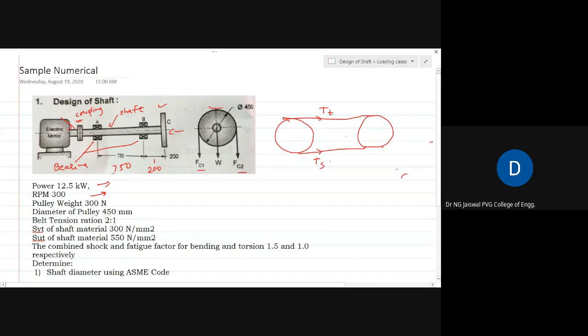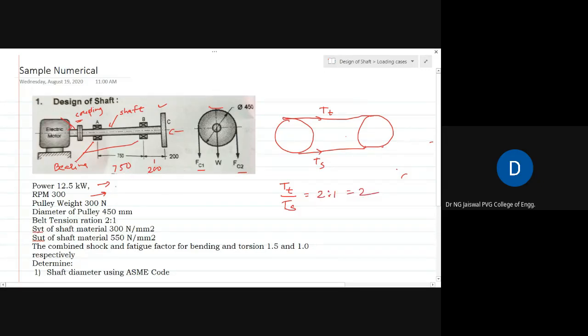So tight side and slack side tensions are there. Out of FC1 and FC2, one is tight side, one is slack side. The slack side tension is always smaller than the tight side, and the ratio of TT, tight side, to TS, slack side, is called the limiting tension ratio, and it is given as 2:1. It means it is equal to 2.